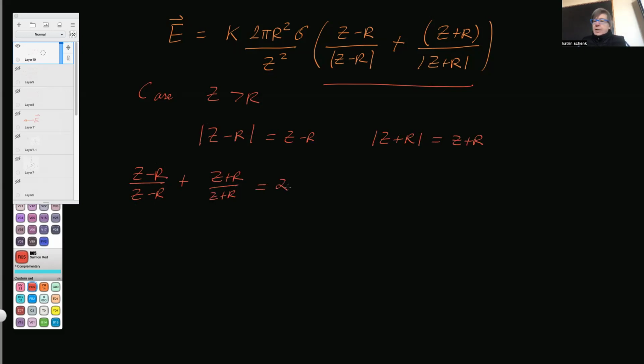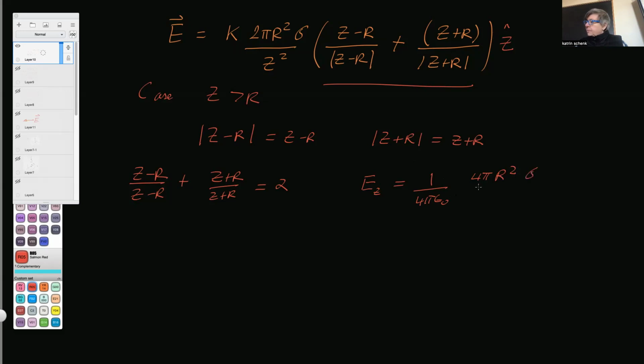So we end up with the Z component of E, which up here should actually have a Z hat, because that's the whole vector E. If I just want the Z component, I take the stuff in front of the Z hat, which is K, 1 over 4 pi epsilon naught, and then 4 pi R squared sigma over Z squared.